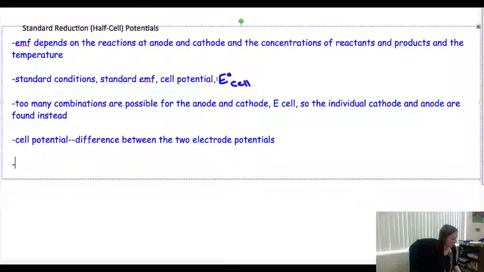A standard reduction potential, or an E with a knot with a RED underneath, and I'll draw it here in a second, is used to find your E cell. We can find a standard cell potential by taking our cathode reduction potential minus our anode reduction potential, and we can figure out the cell overall. And if our E naught for our cell is greater than 0, positive, we're going to be spontaneous.